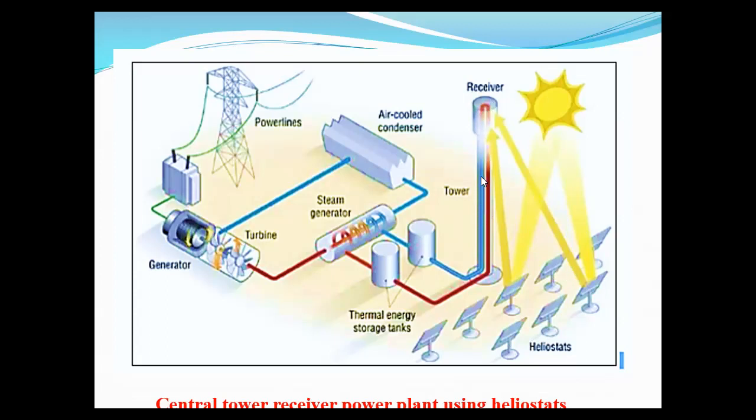In the receiver, oil is flowing in this case, and that oil is heated and stored in this tank, and that heated oil is passed into the steam generator, where it generates steam, and then cool oil enters here and again flows into the receiver. The generated steam is passed into the steam turbine, and the steam turbine rotates the generator, and the electricity generated is passed to the consumer. Here the expanded steam is passed to the condenser, where it condenses and is again passed to the steam generator.